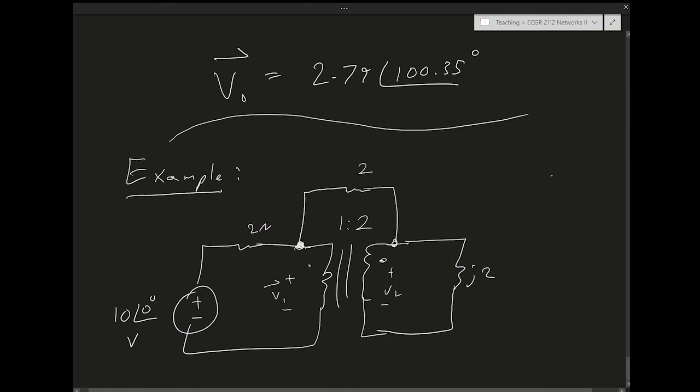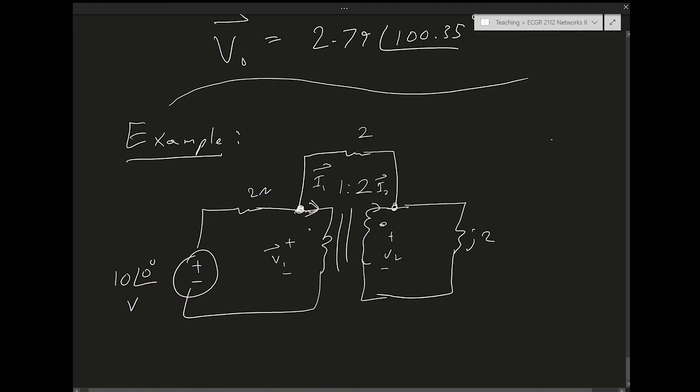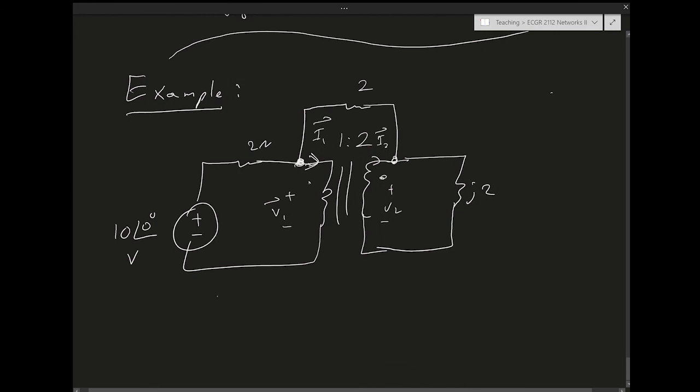Now we want to solve for those variables. So we want to solve for I1 and I2, the current going into the primary and coming out of the secondary, and we want to solve for V1 and V2. One easy approach here is to do nodal analysis.